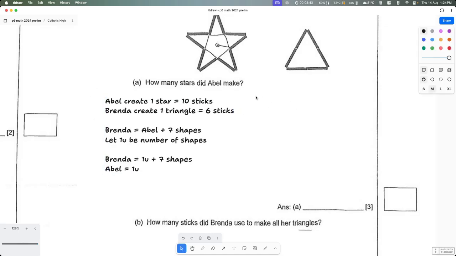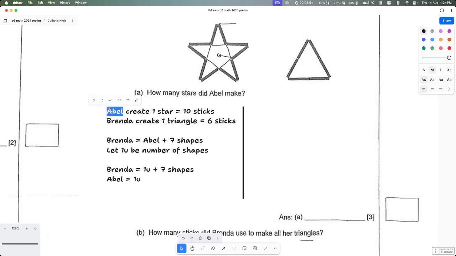The next thing is we want to know the number of sticks. Since we know this is 10 sticks, this is 6 sticks, Brenda's total sticks is equal to one triangle, 6 sticks each. So you have to multiply by 6: 6 times bracket 1 unit plus 7.